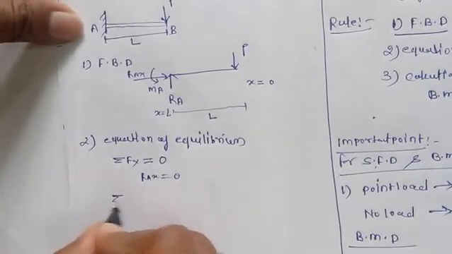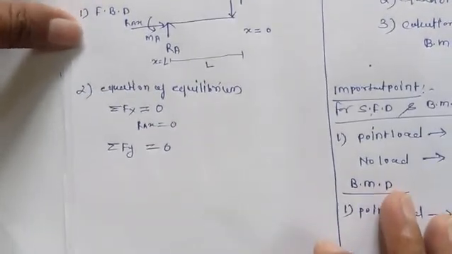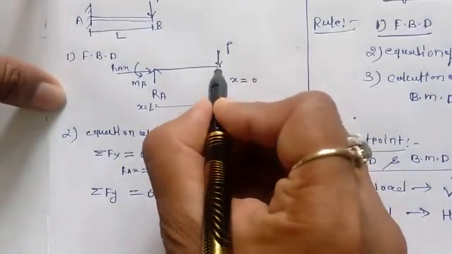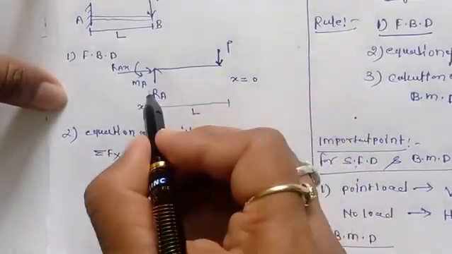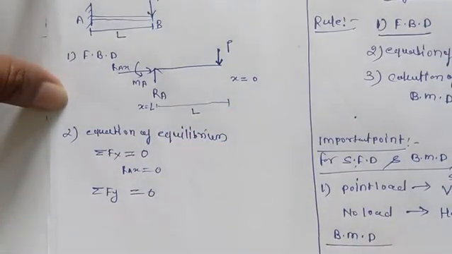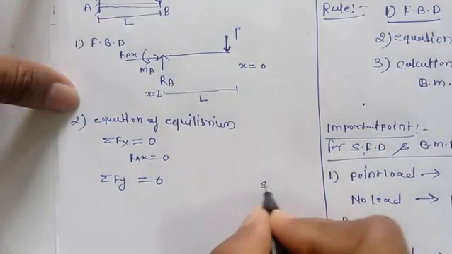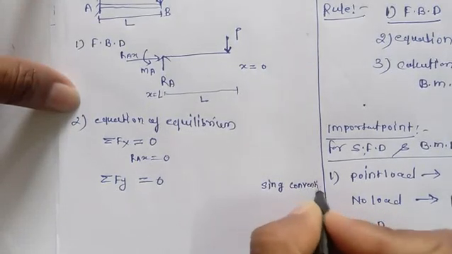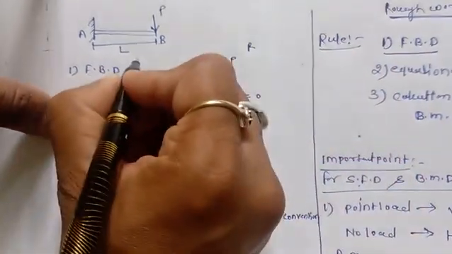Now next is summation of Fy equal to 0. All the vertical forces we have to consider, so the vertical forces are P here and Ra here. Two vertical forces are there, but we have to consider the sign convention for that. Suppose this is my right side and this is left side.